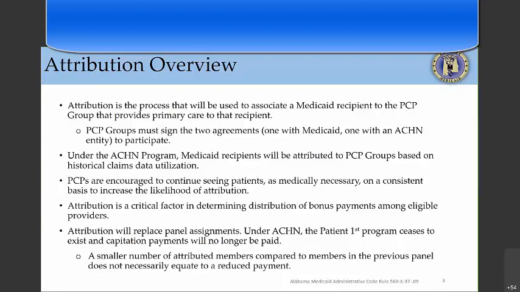Attribution will replace panel assignments. Under ACHN, the Patient First program ceases to exist and capitation payments will no longer be paid. A smaller number of attributed members compared to members in the previous panel does not necessarily equate to reduced payments.